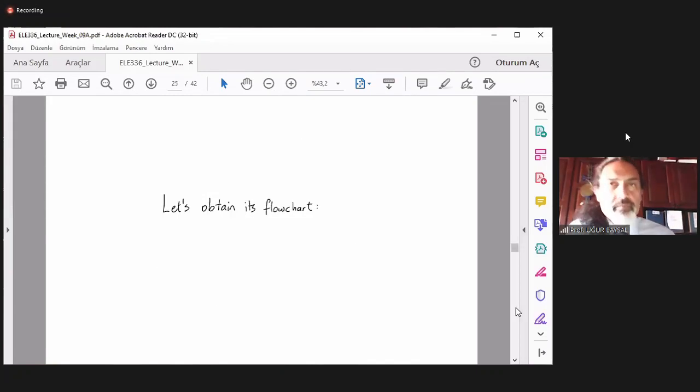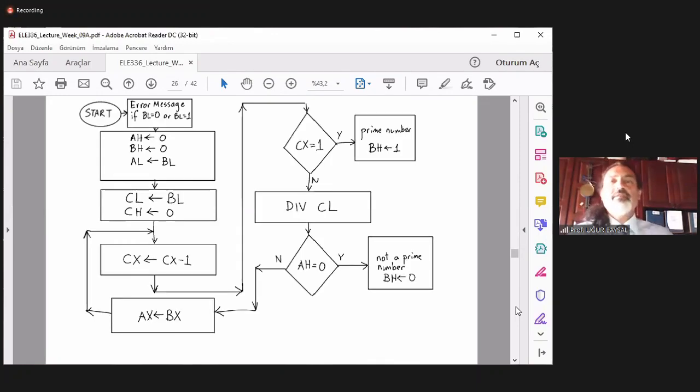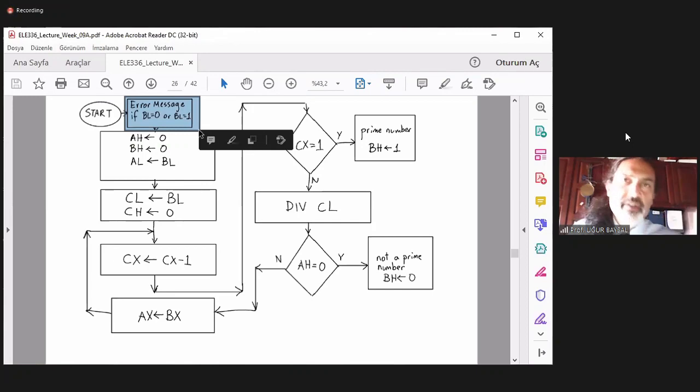So the flow chart of this program could be as follows. You notice that I not only give the assembly code but always present the flow charts, because flow chart drawing is very important, and you will be responsible in all your examinations and homeworks. You start the program or subroutine, and you give a message saying this is a program to tell whether a given number is a prime number or not.